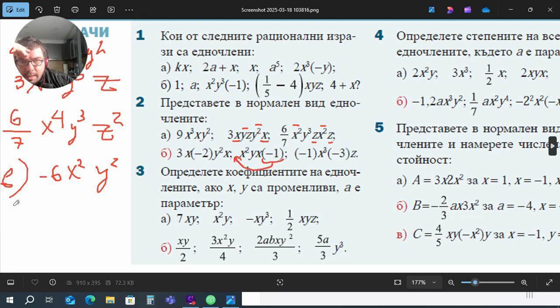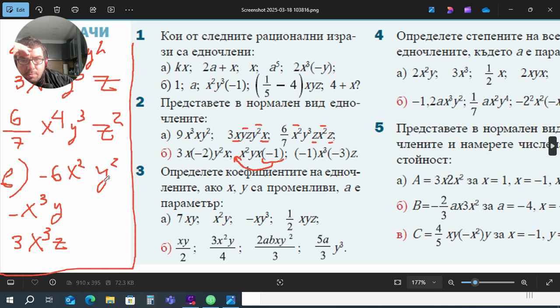So the next one will be just minus x to the power of 3 y. And here again minus 1 times minus 3, this is 3 x to the power of 3 and z.